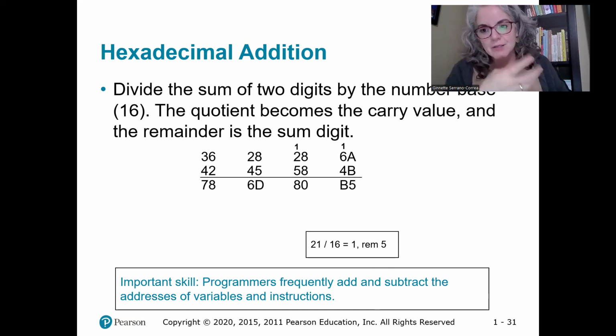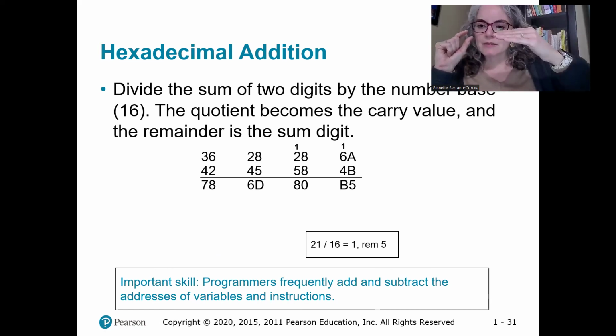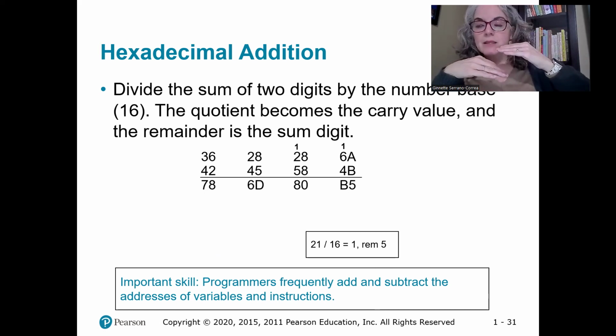I always talk about an address being a hexadecimal number, and I'll show you what it looks like. At some point in the class, we're going to be looking at an address and trying to figure out where the next number is going to be stored.